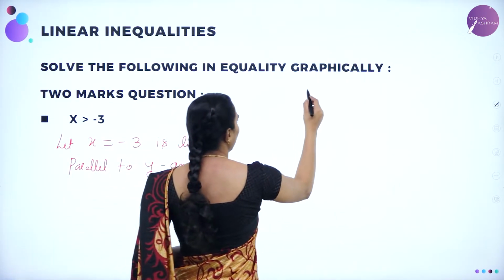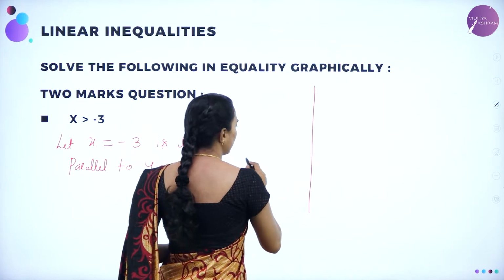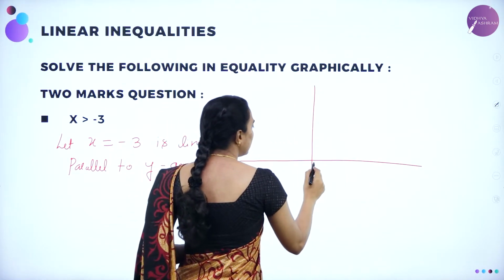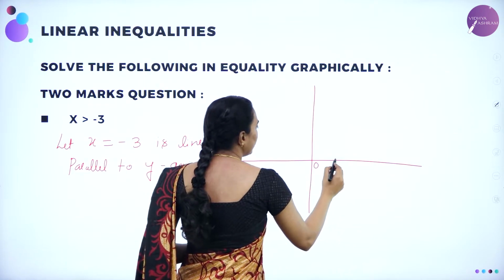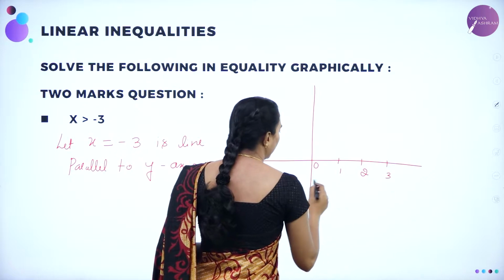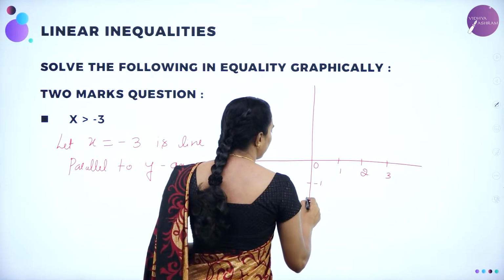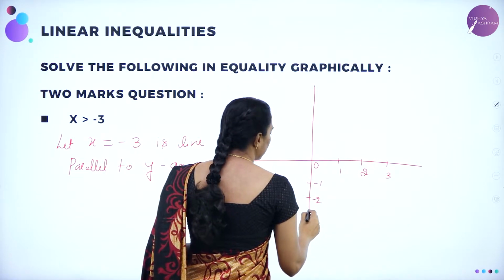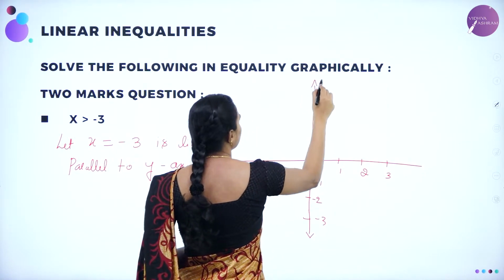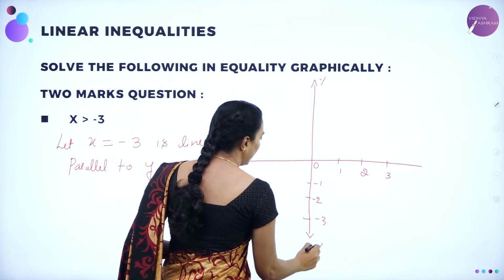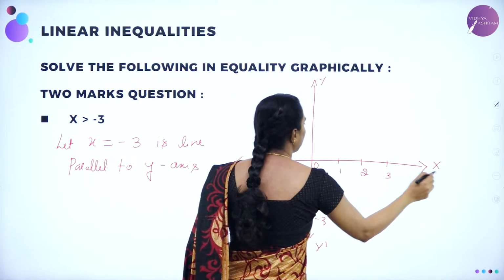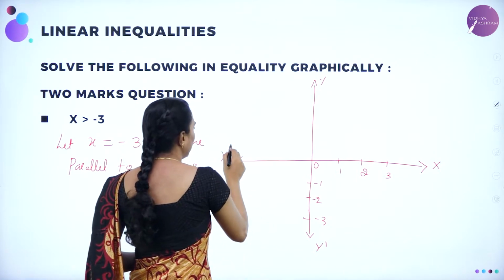Here we are going to draw the graphical representation with the y-axis, x-axis, and then you are going to have 0, that is the origin, and then here 1, 2, and then 3, and here -1, -2, and then -3. This is the y-axis, Y O Y dash, and this is the x-axis, which is called X O X dash.